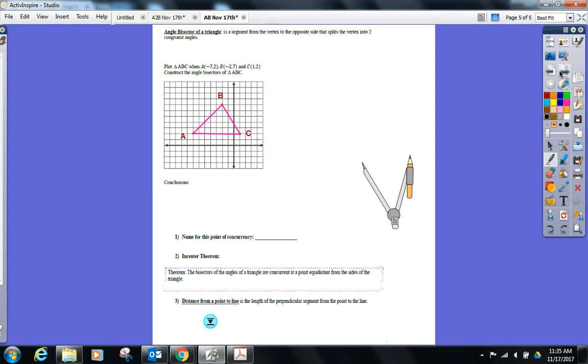We just worked with the perpendicular bisectors and found out they all meet at a point. Now I want to turn our attention to the angle bisectors of a triangle. This is another construction we have to review quickly.